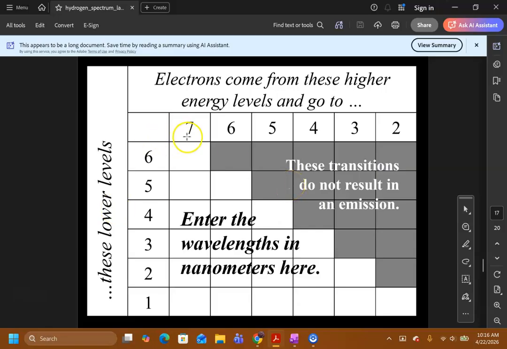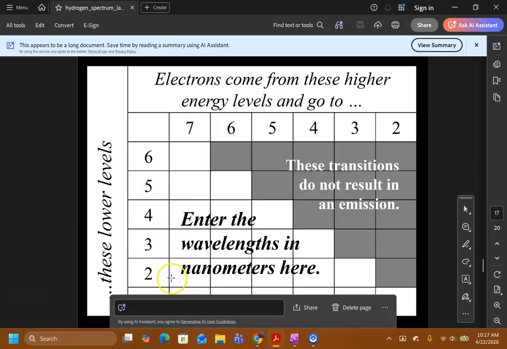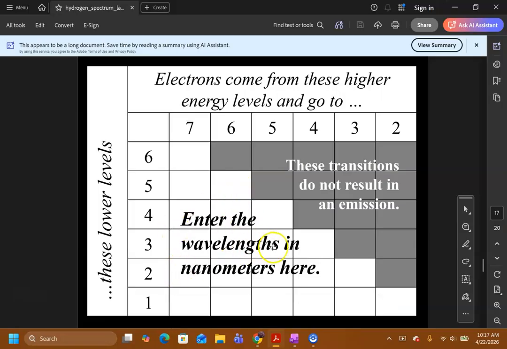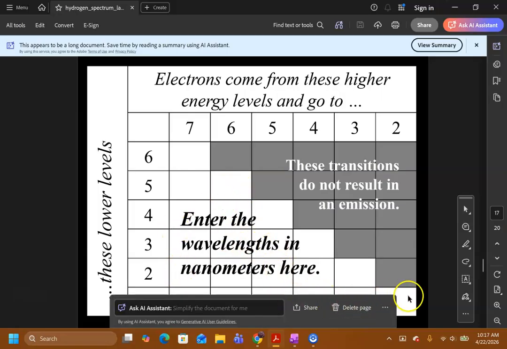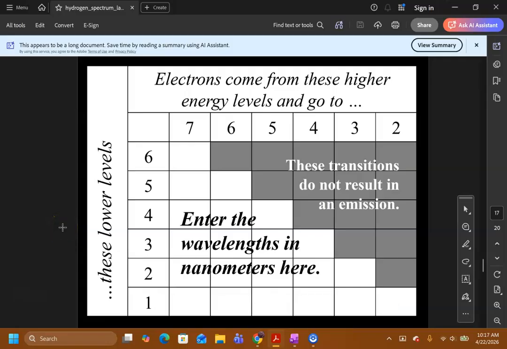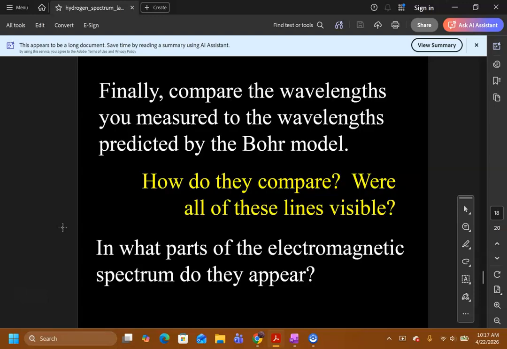It's the same value. But you would go from 7 to 6, 7 to 5, 7 to 4, all the way down to 1, and then 6 to 5, 6 to 4, 6 to 3. You see how it has this cascading effect in terms of the energy and the wavelength that you calculate. You have to calculate the energy first, and then the wavelength second, using the equations we talked about a minute ago.